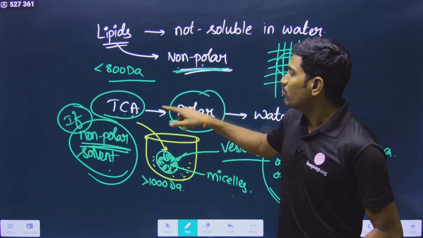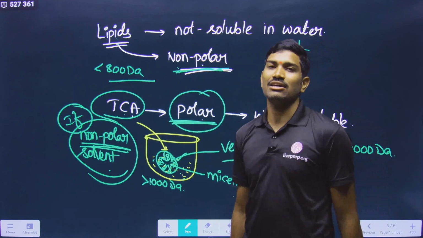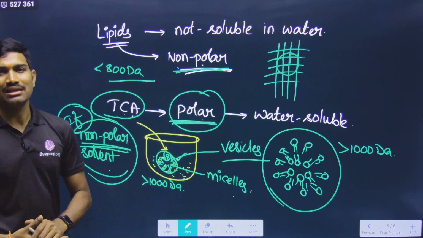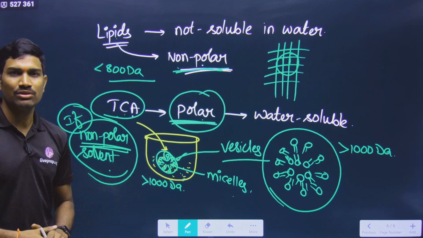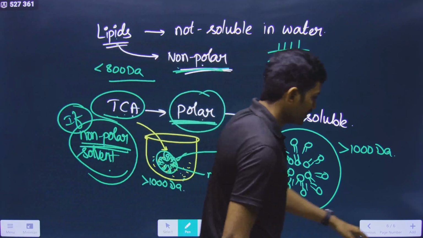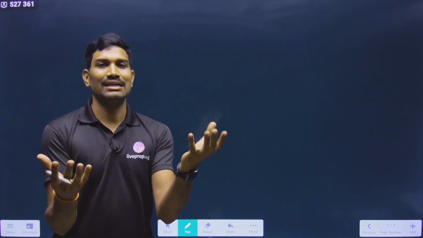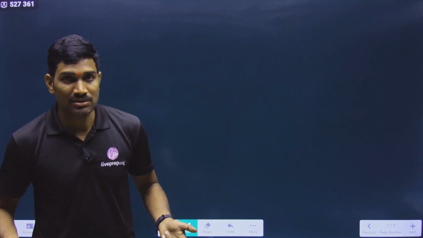Because we used a polar solvent. This is the technical logic that you need to understand. Clear? This is the basic information. I hope now you understood this. With this, this particular information is completed. In this way, first we need to observe the fractions, filtrate, retentate. And again we are going on with some chemical experiments.